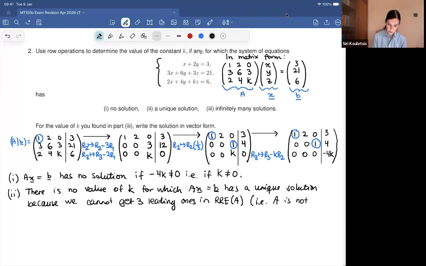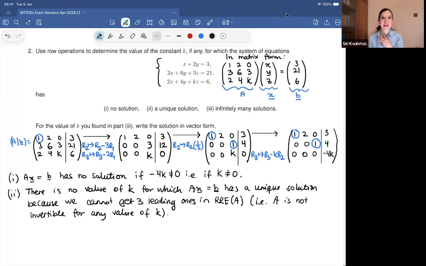This matrix A here that we started with. And finally, we know that there is a yes answer to part 3, because it says here that for the value of k we found in part 3, write the solution in vector form.